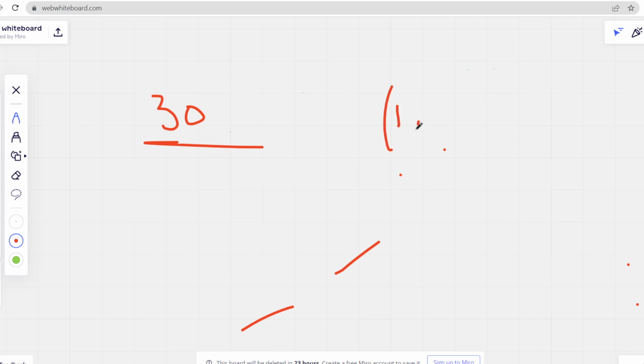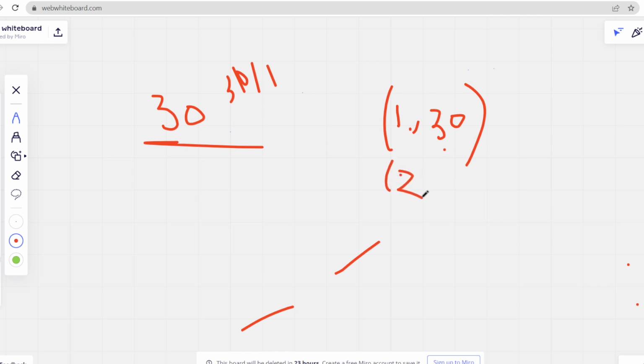The first divisor that we are going to get is 1, right? But if 1 divides 30, that means there is another divisor which divides 30, which is 30 in this case.